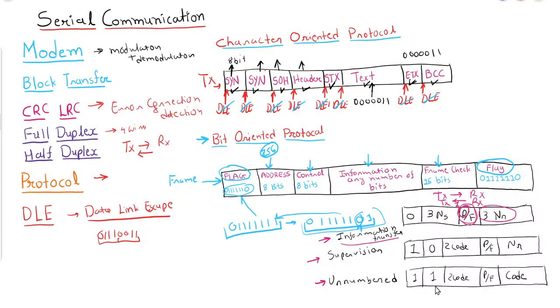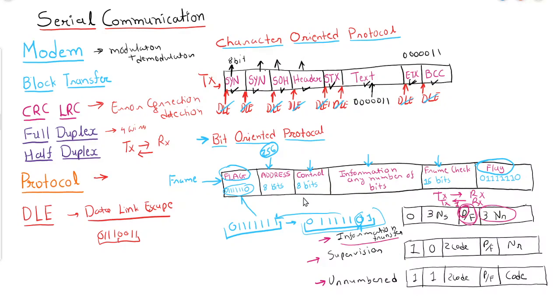Then the last one, unnumbered. The first 2 bits are used to specify the type of control command, and the remaining bits are used to specify the command. The primary station uses the control field to specify the command for the secondary station.